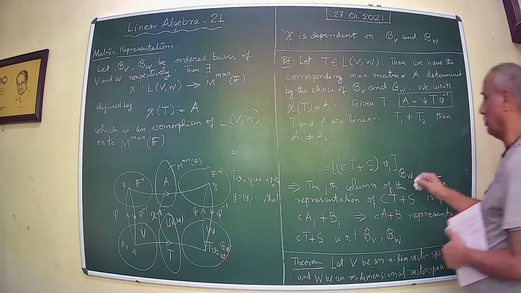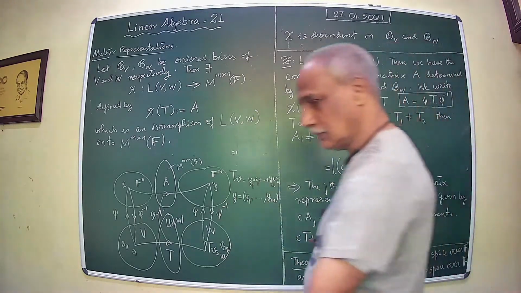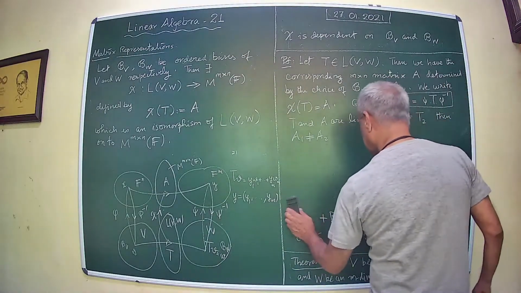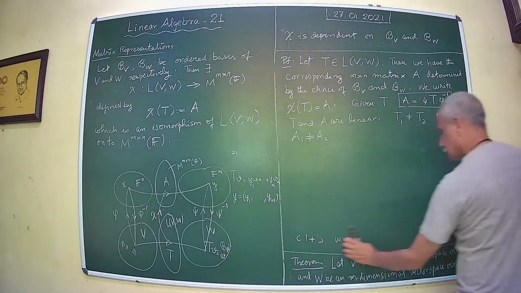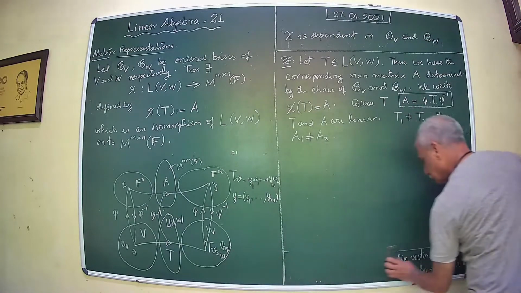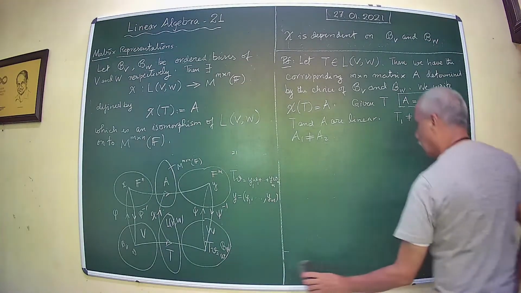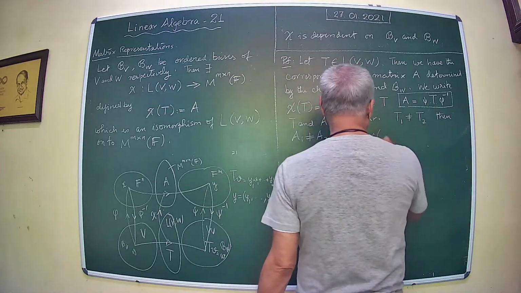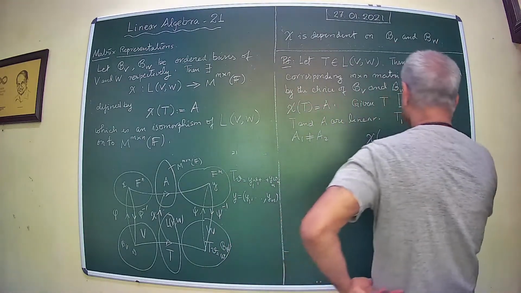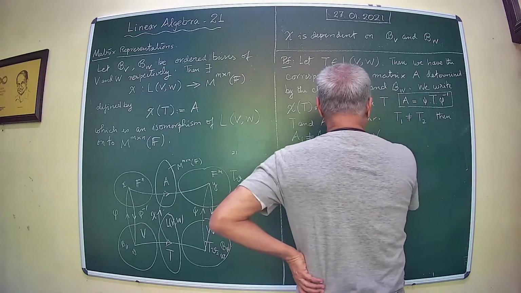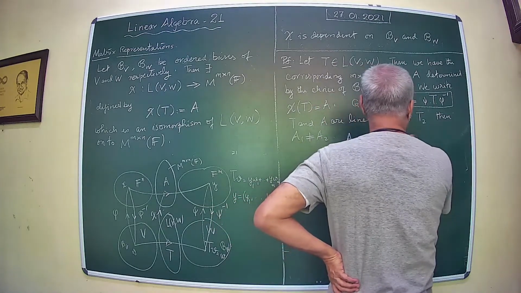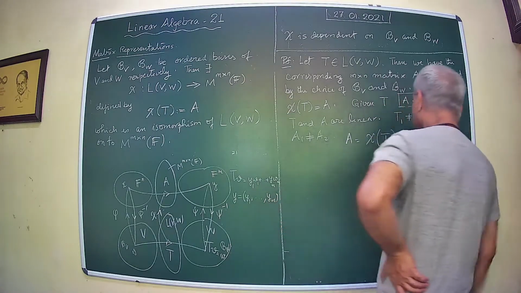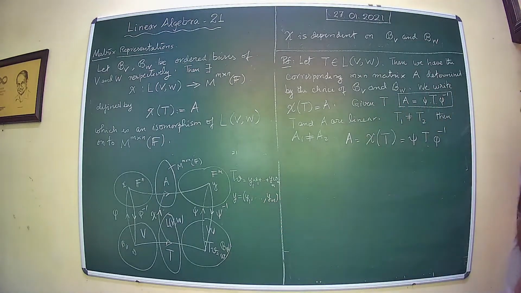So you check the following. Leave it to you to check this. Our definition is this: chi of T. This is the definition. Okay.